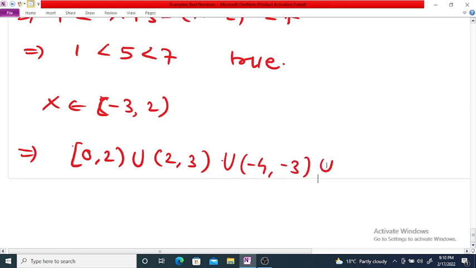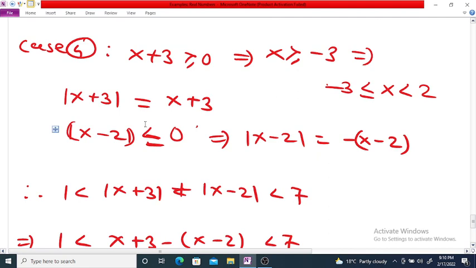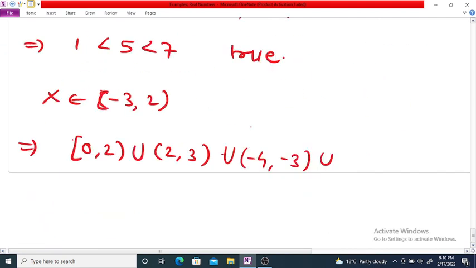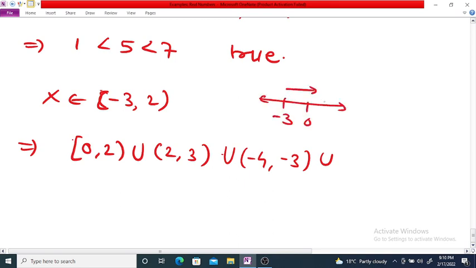And last, x greater than minus 3, so here is the minus 3, x greater than minus 3, and x lies between minus 3 to 2. So the solution is union minus 3 to 2.